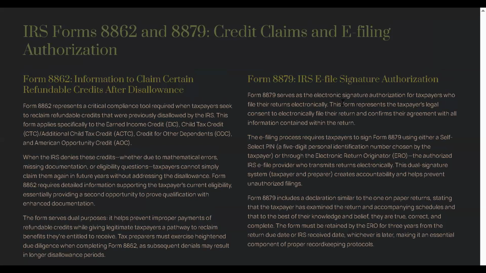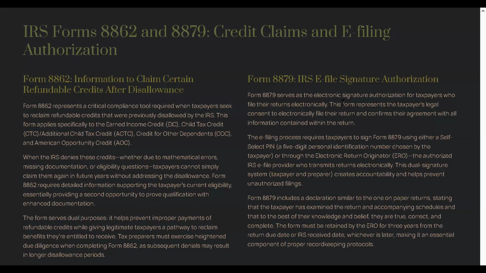Sometimes earned income credit can be disallowed because somebody tried to claim that they didn't meet the relationship test. Maybe they tried to claim somebody as a niece or a nephew that really wasn't. Maybe they underreported their income. There can be multiple reasons why they can be disallowed to claim a credit.